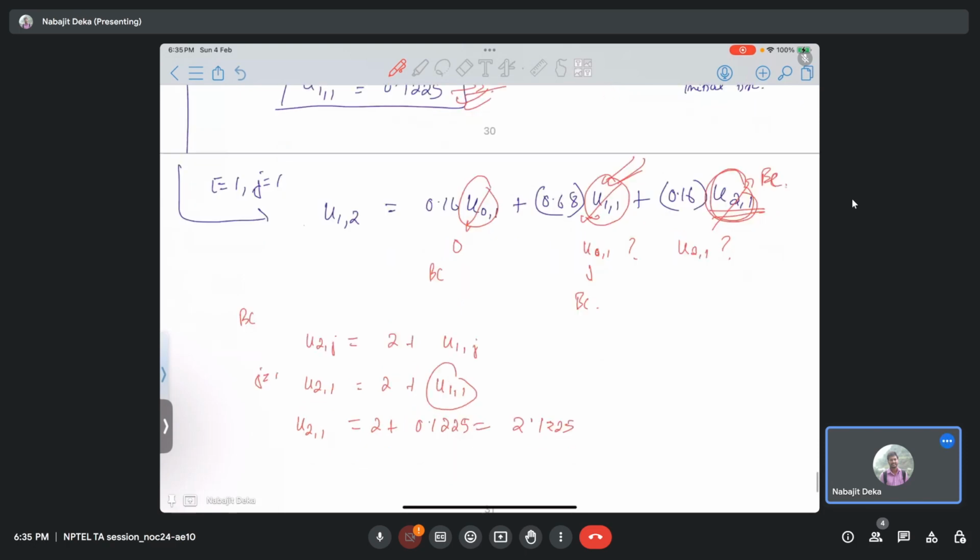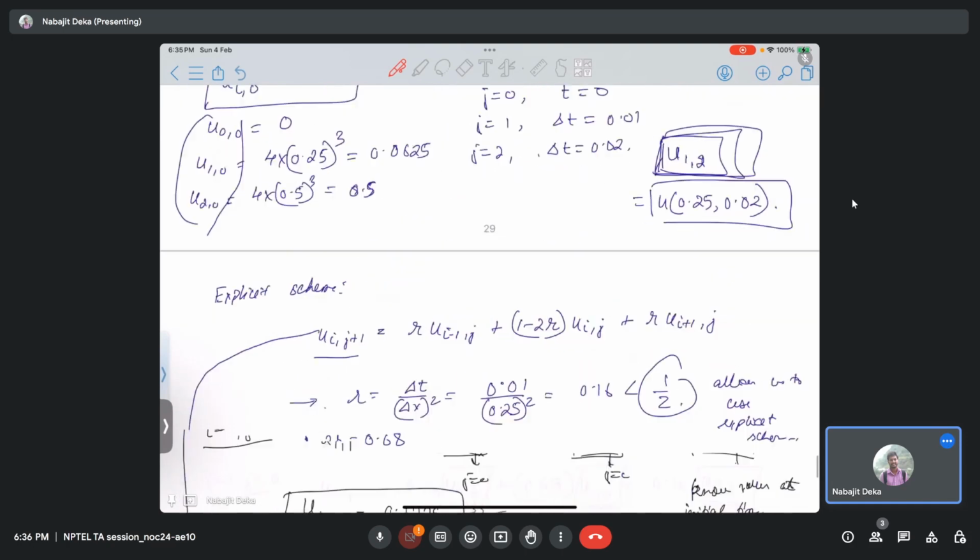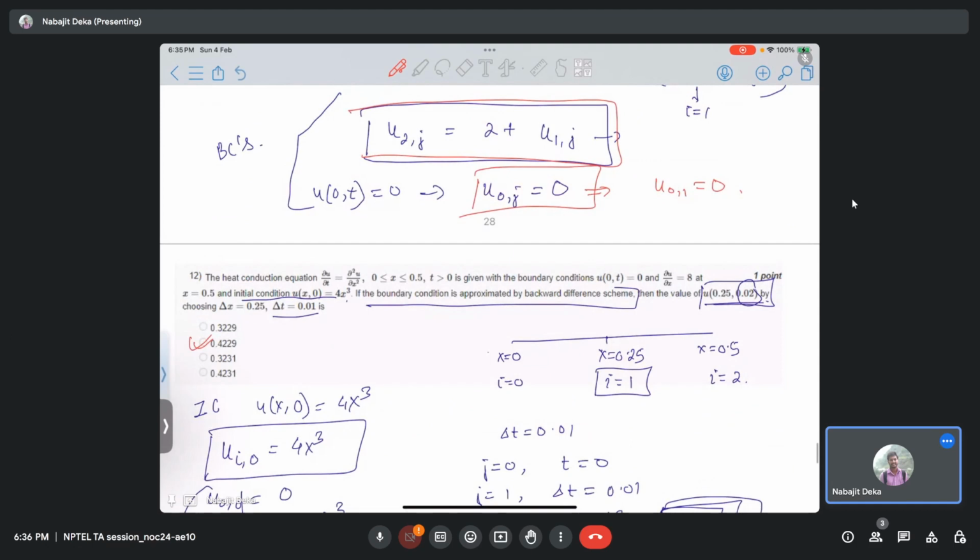So putting all those, what we'll have is 0.16 into 0 plus 0.68 into 0.1225 plus 0.16 into 2.1225. So this will give us 0.4229. So this is the value of u at x equal to 0.25 and t equal to 0.02.